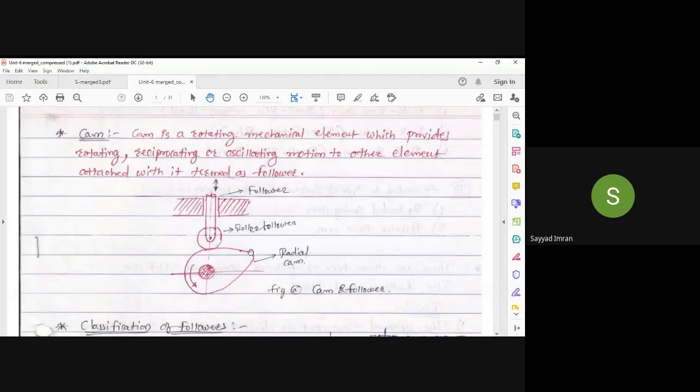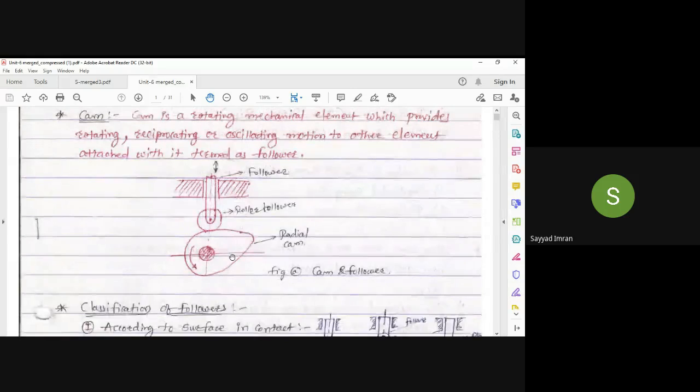So there is a rotation, and here you can find a reciprocating motion, or sometimes you can find oscillating motion also.